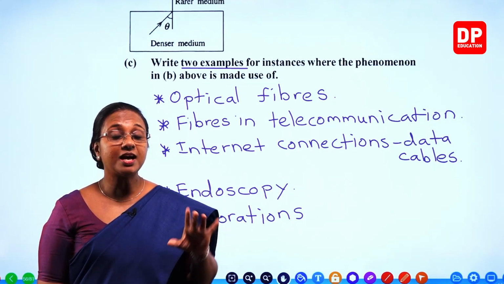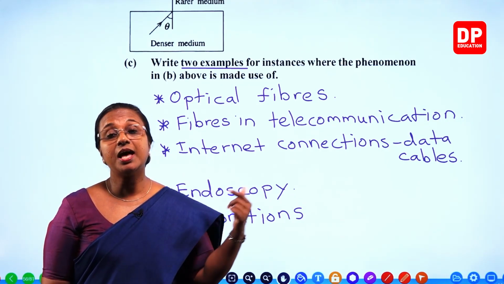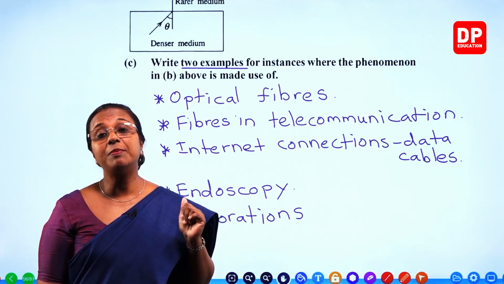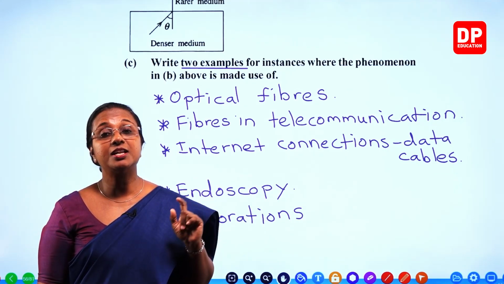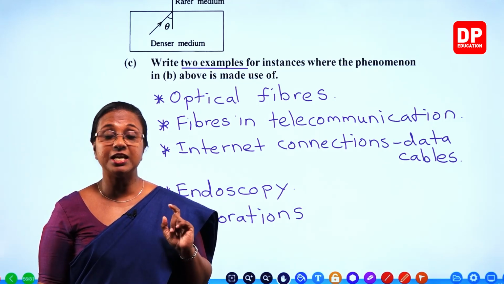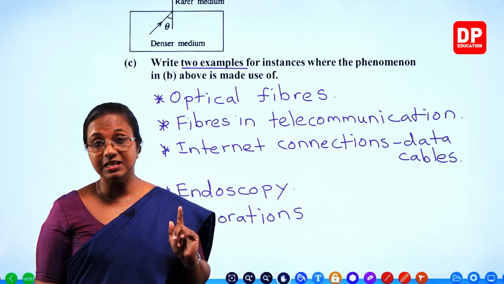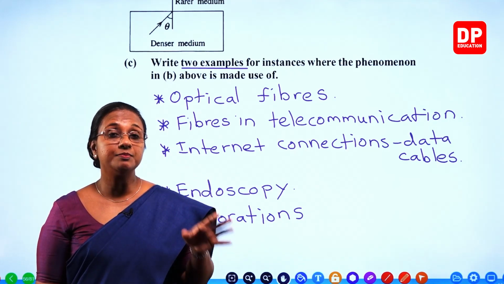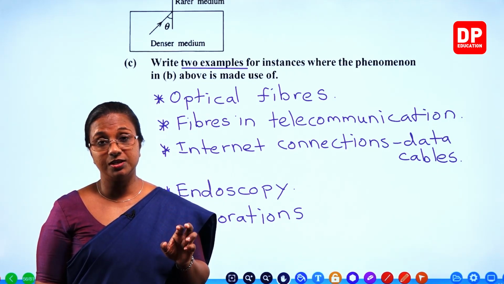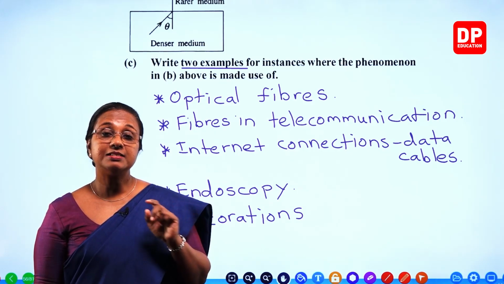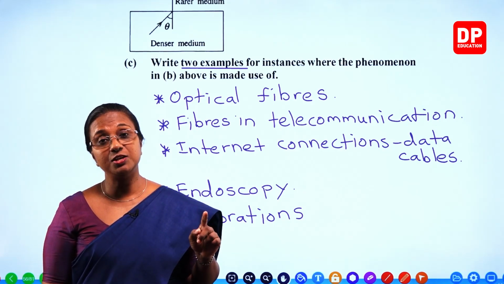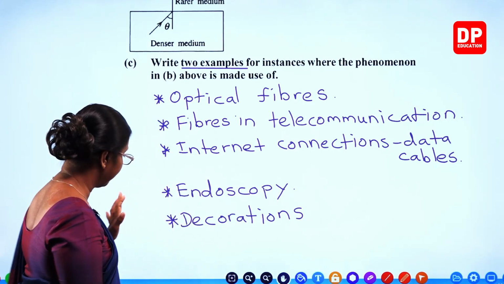Now we have discussed how prisms actually change the path of light, where there is total internal reflection taking place, and the path of light is changed by 90 degrees. So these prisms are used in binoculars. So that is another example where we use total internal reflection.